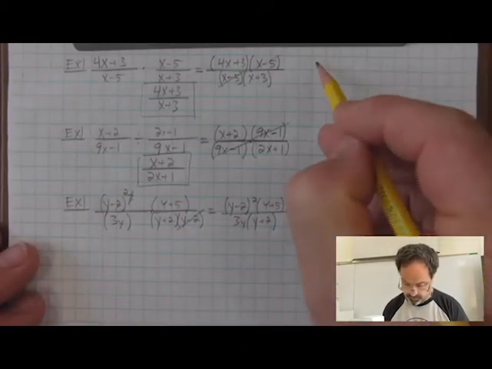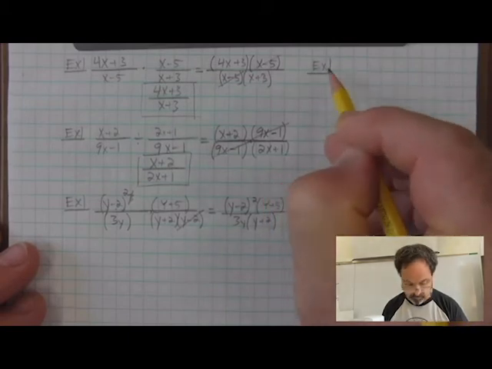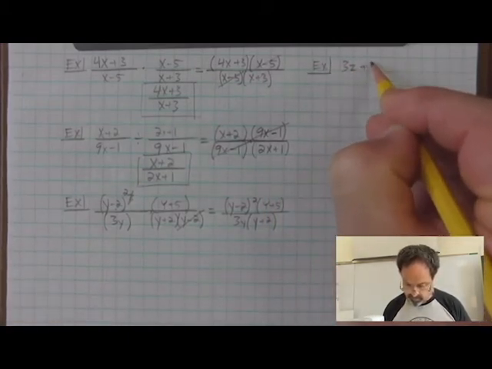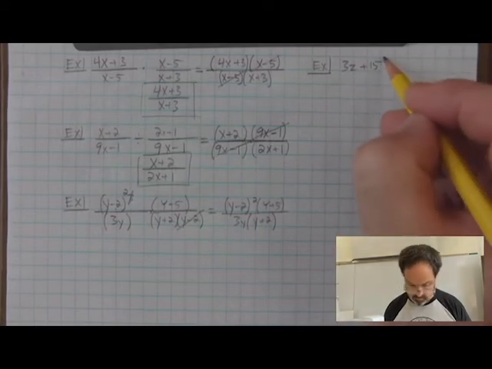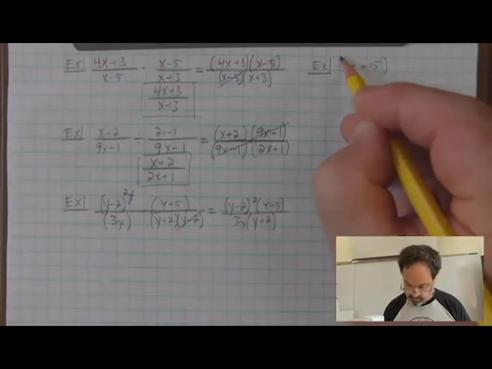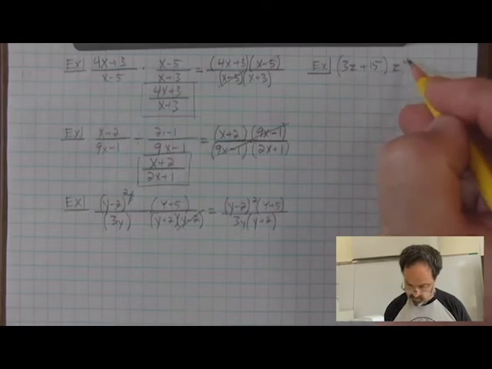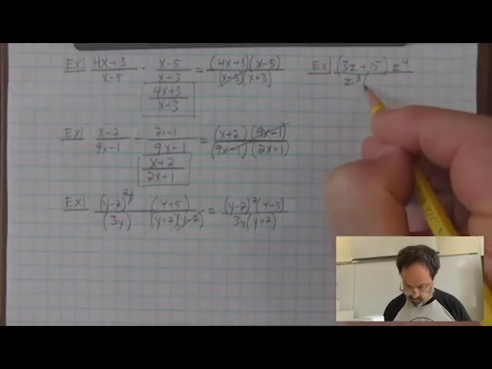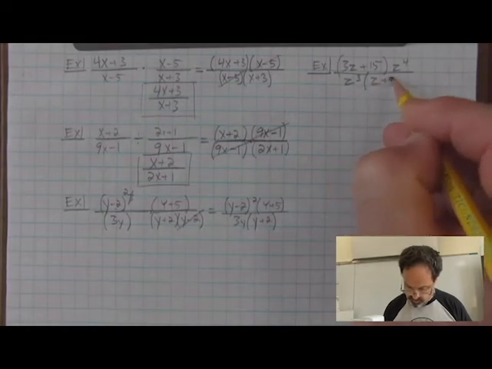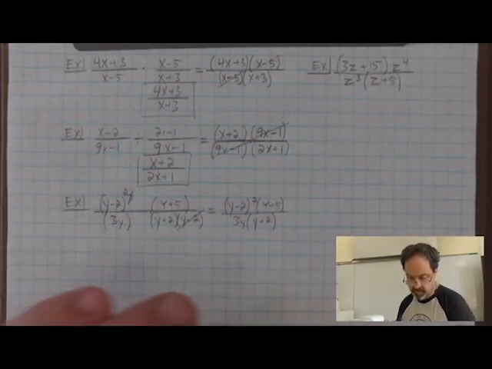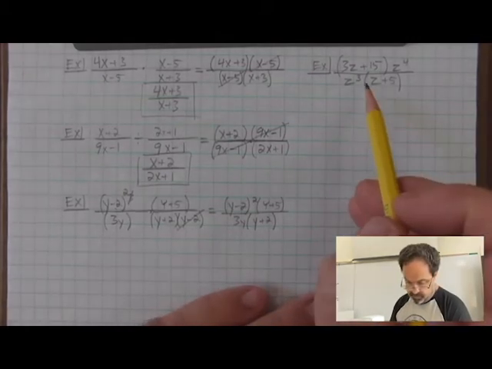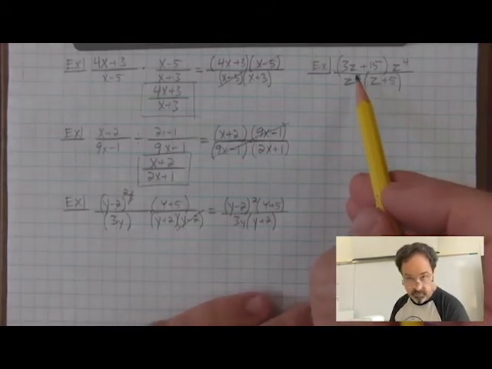One more example. 3z + 15 times z to the 4th divided by z cubed and z + 5. In this case, I have one fraction. I have factors.